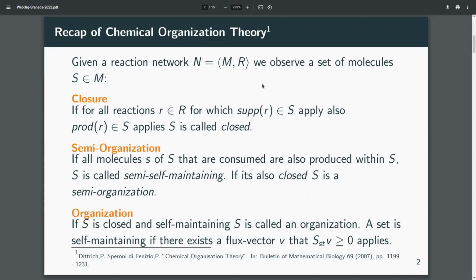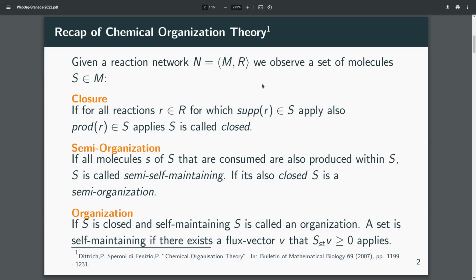a set is self-maintaining if there exists a flux vector v so that the stoichiometric matrix of that subset multiplied with the flux vector is bigger than or equal to the null vector.